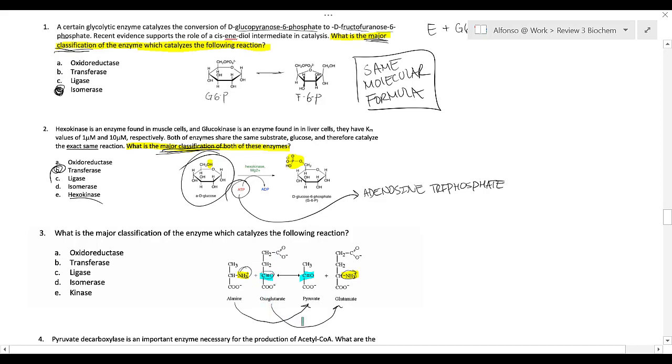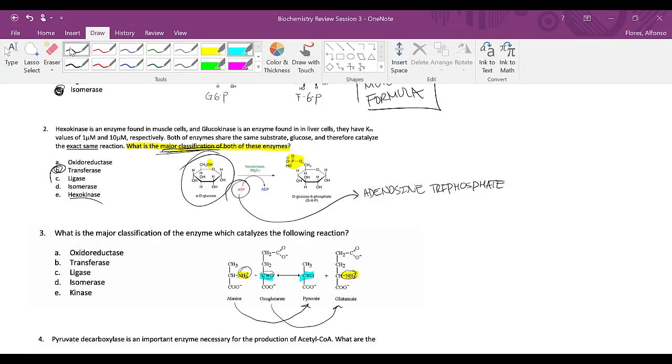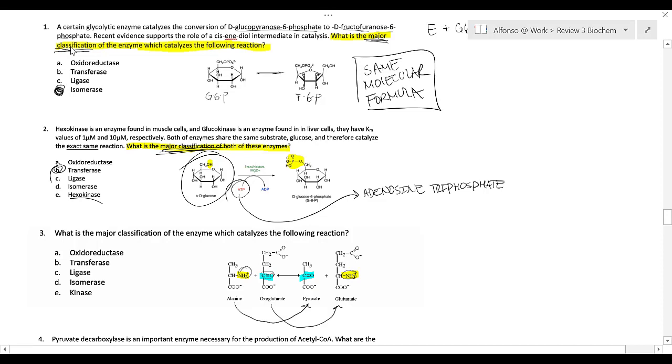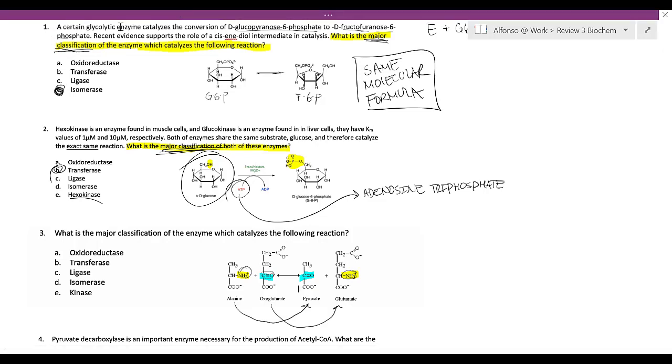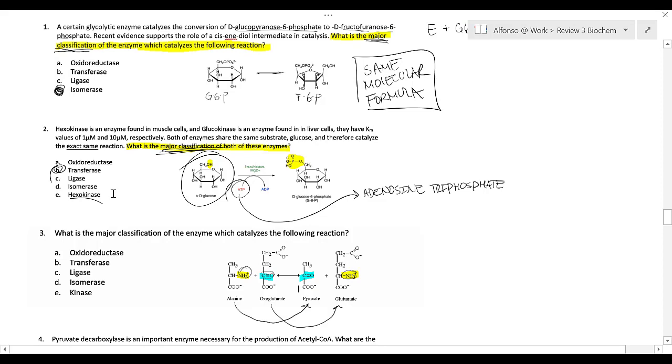So whenever functional groups are transferred from one to another, what is the major classification of the enzyme? It is transferase. So remember, for transferases, a functional group is transferred from one molecule to another.